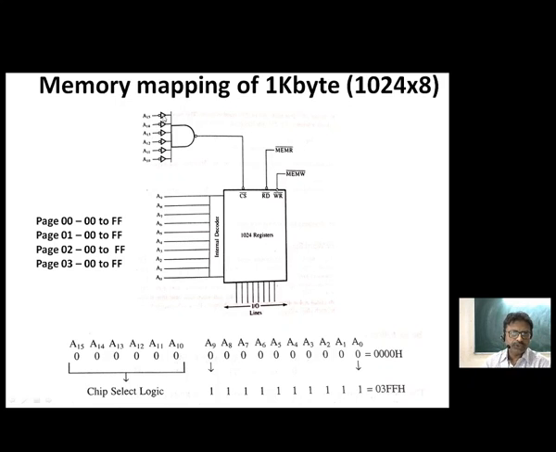If this inverter is removed, then A15 will be equal to 1, and the address will change. If A15 is 1, this 4 will become 8, and the rest will be 0, 0 and 0.